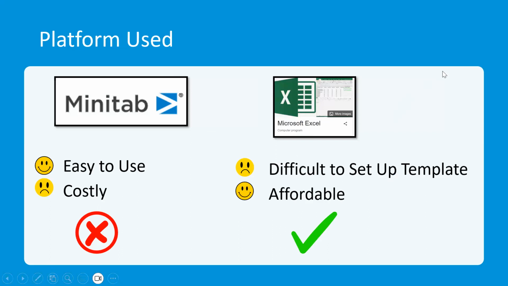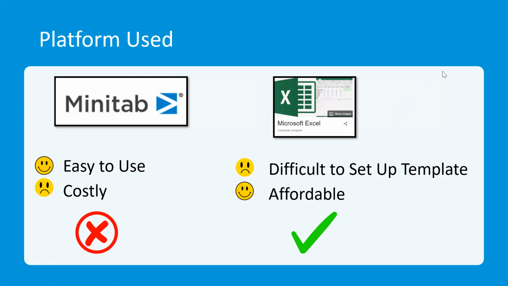This slide shows the platforms that are used when you're using Six Sigma. In higher belts of Six Sigma, like green belt and black belt, the platform that is used is Minitab. It's really quite easy to use. It's really designed for Six Sigma practitioners.